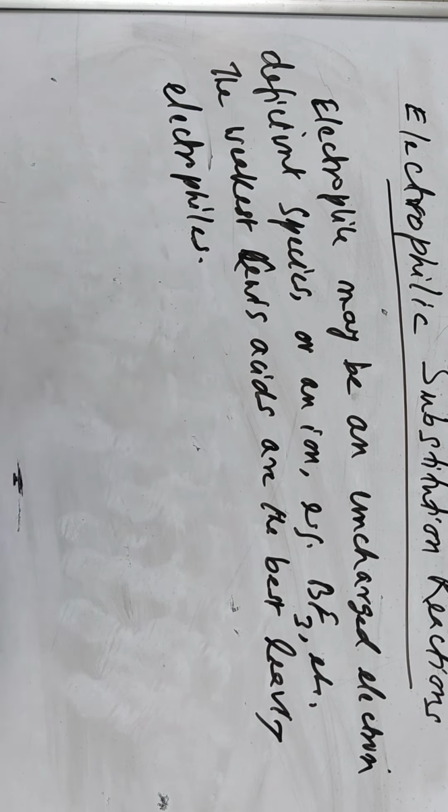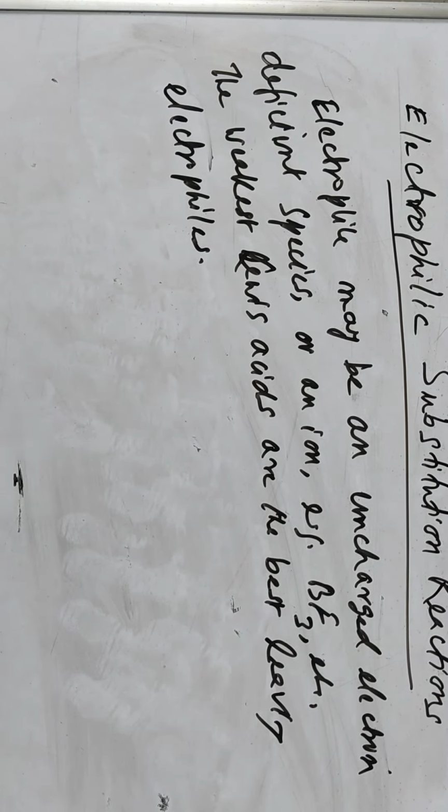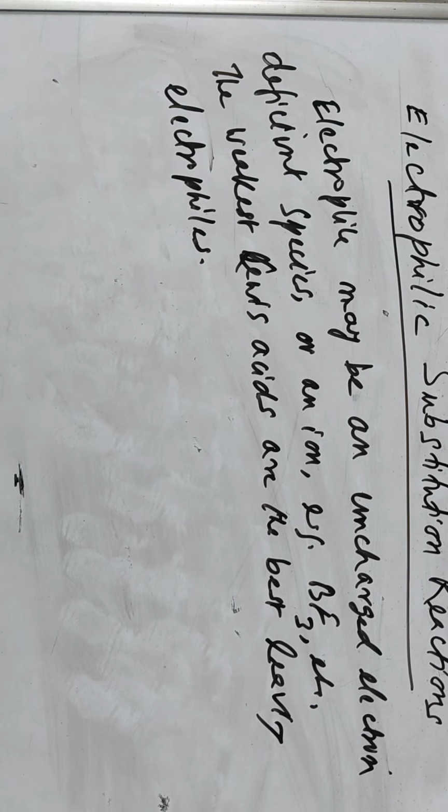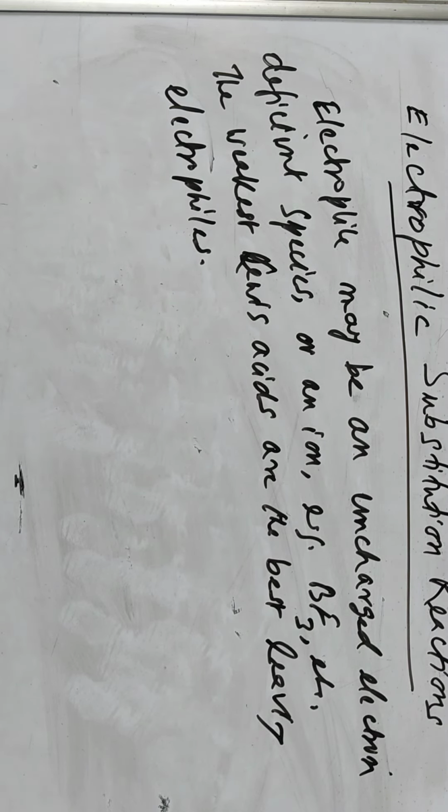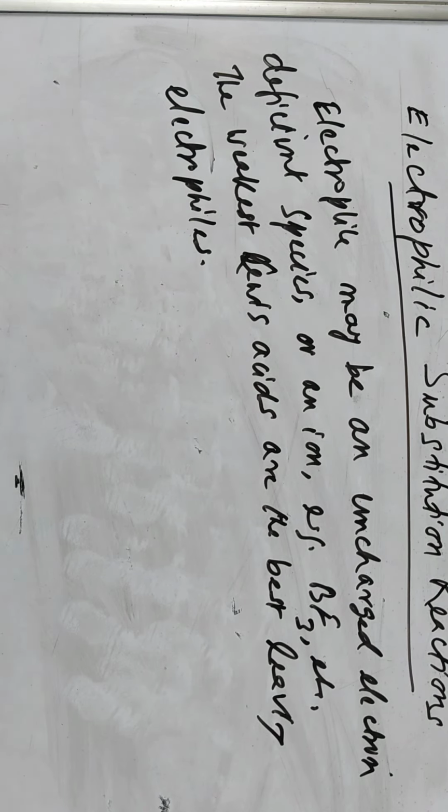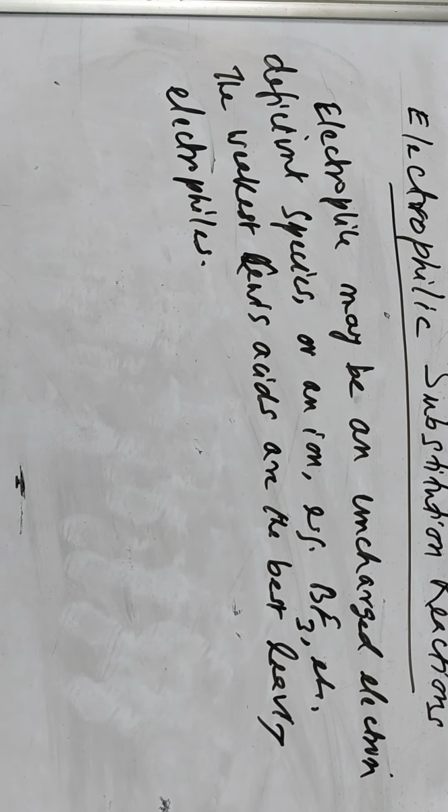So we have discussed electrophilic substitution reactions, where a leaving group is displaced by an incoming electrophile positive. The incoming electrophile may be a positively charged species and may also be an uncharged electron deficient species such as BF3. The weakest Lewis acids are the best leaving electrophiles.